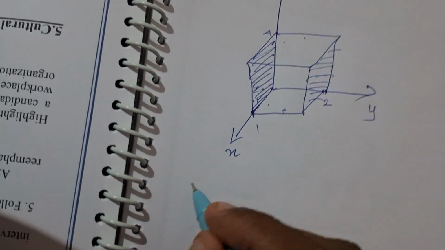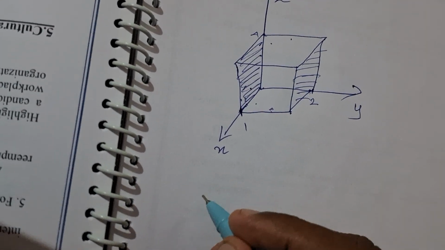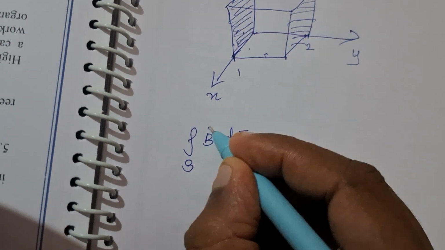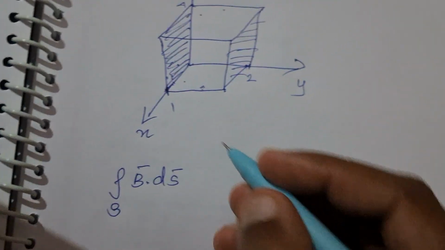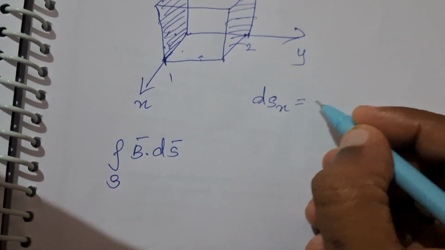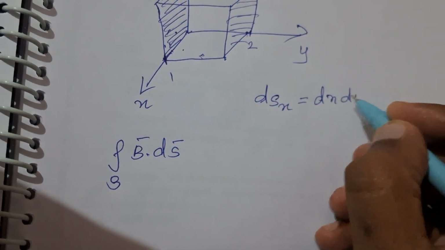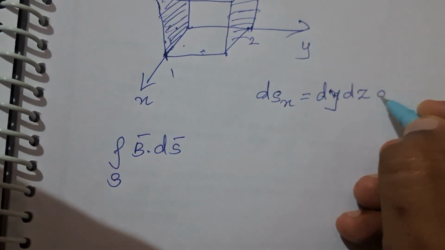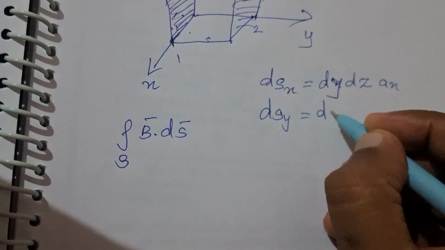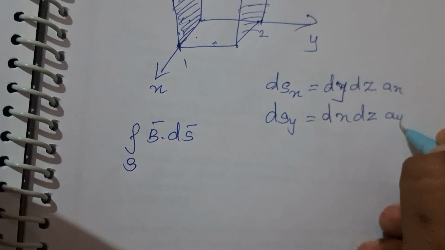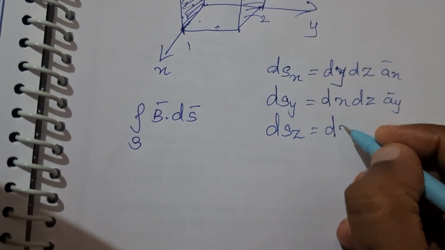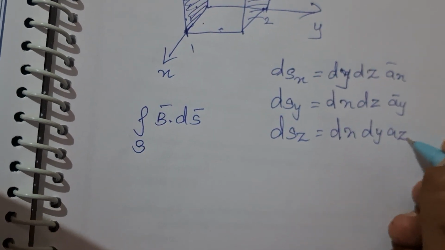So apply here. First one is the surface integral of B dot dS. We very well know in Cartesian coordinates dS has 3 values. dSx is equal to dy dz ax. dSy is equal to dx dz ay. dSz is equal to dx dy az.